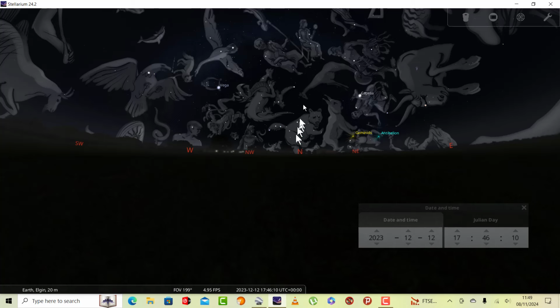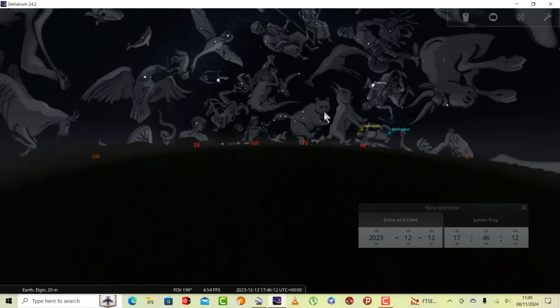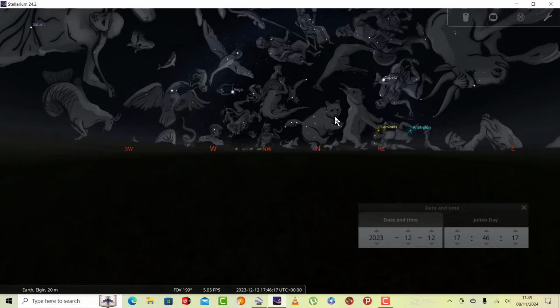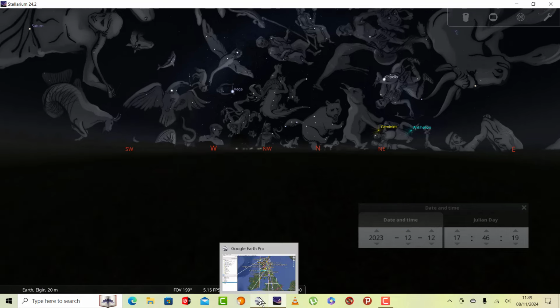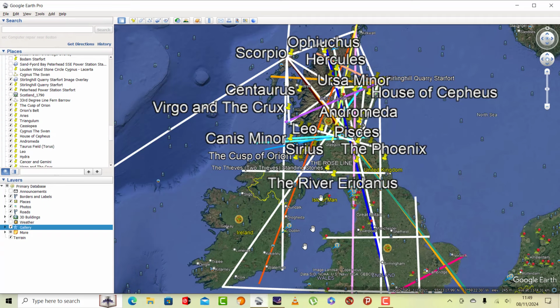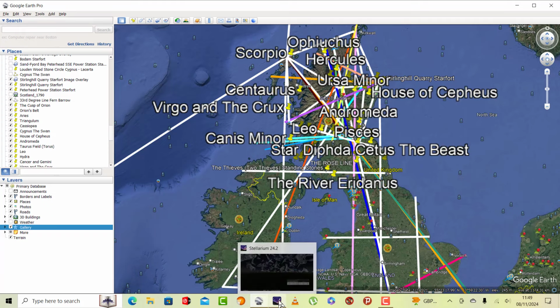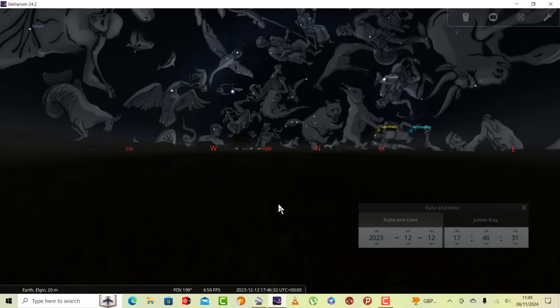So one thing I want to make clear as we move through the heavens, and bear in mind this map that I've just showed here and how all these things are. You can always go back to this and look at the heavens, and then go back to this, and then you'll see how things move over the United Kingdom.